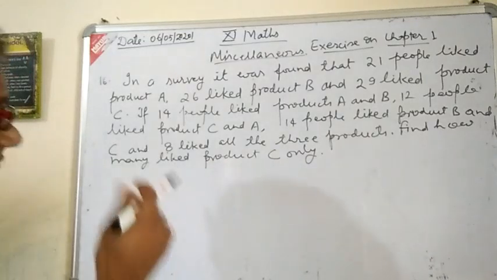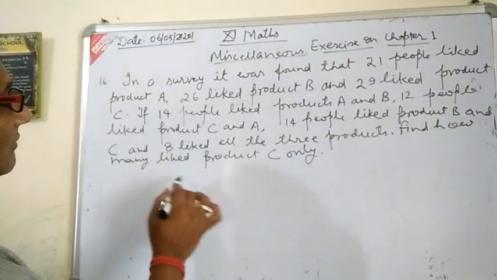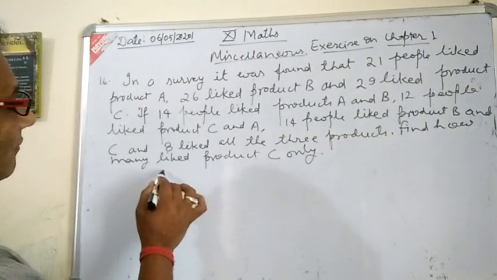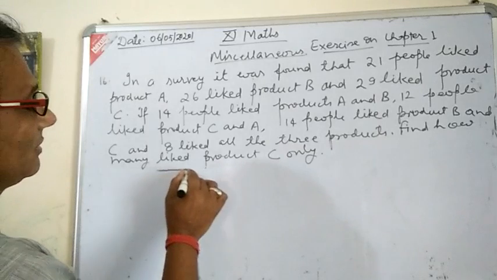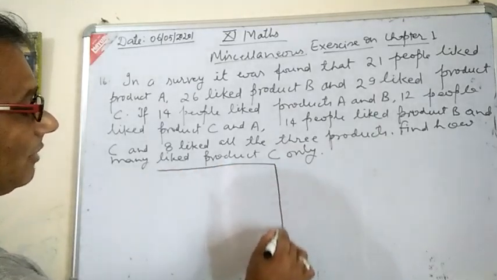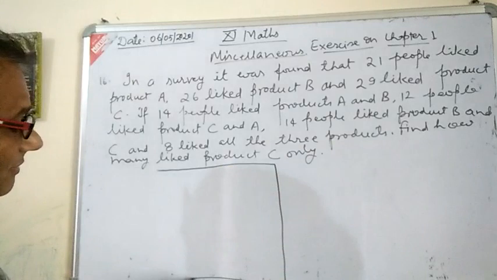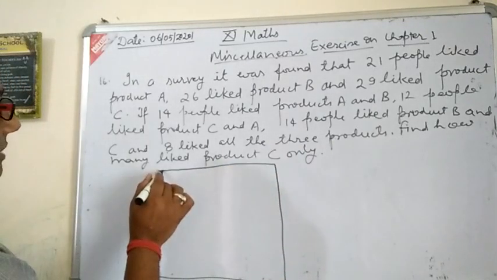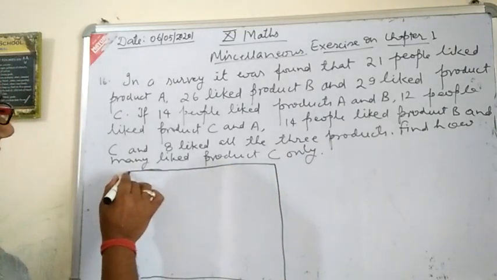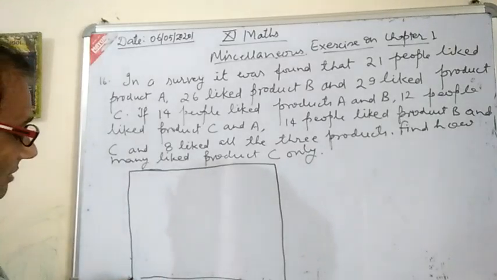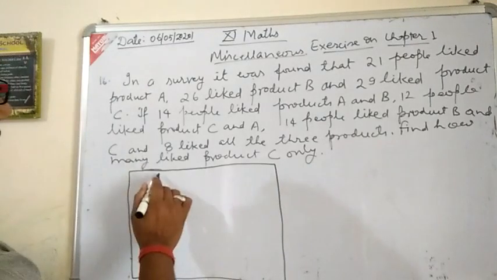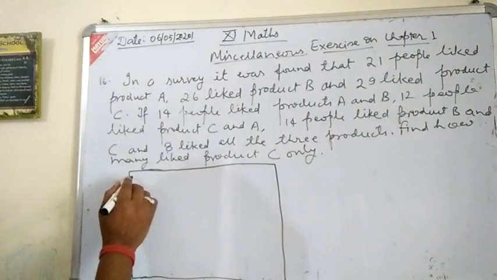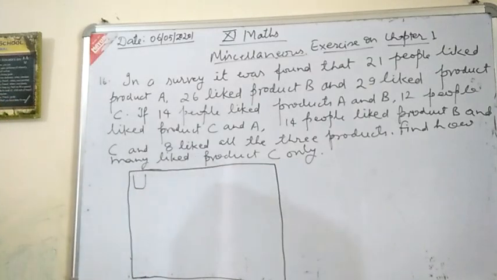In set theory, there is a very popular method of Venn diagrams, and we will find the answer to this question by using Venn diagrams. The Venn diagram is named after a popular mathematician, Venn. In a Venn diagram, this rectangle is known as the universal set U. There are three sets here.